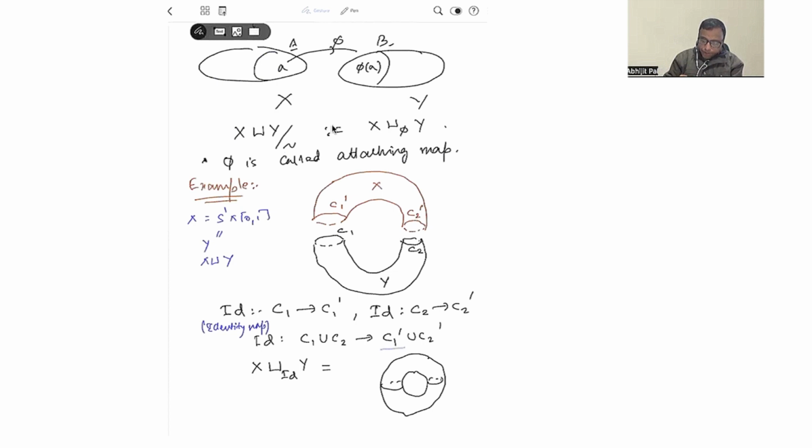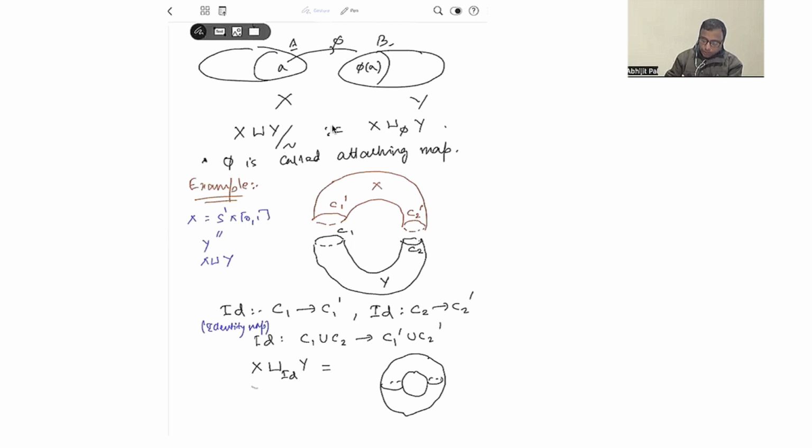What is the map phi? Phi comes from the identity map: the identity takes C1 to C1 prime and C2 to C2 prime. So phi is the attaching map, and here phi is equal to the identity.